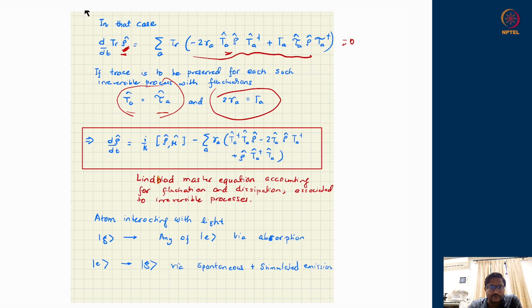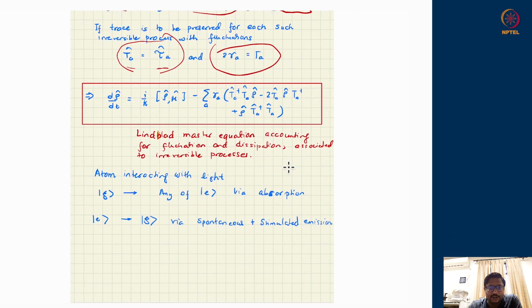For instance, we can have an atom interacting with light. The usual evolution of the atom with its own Hamiltonian will be governed by the first piece, while the second piece, which is the fluctuation and dissipation term, will come through the abrupt changes in the state of the atom, which can be the following.